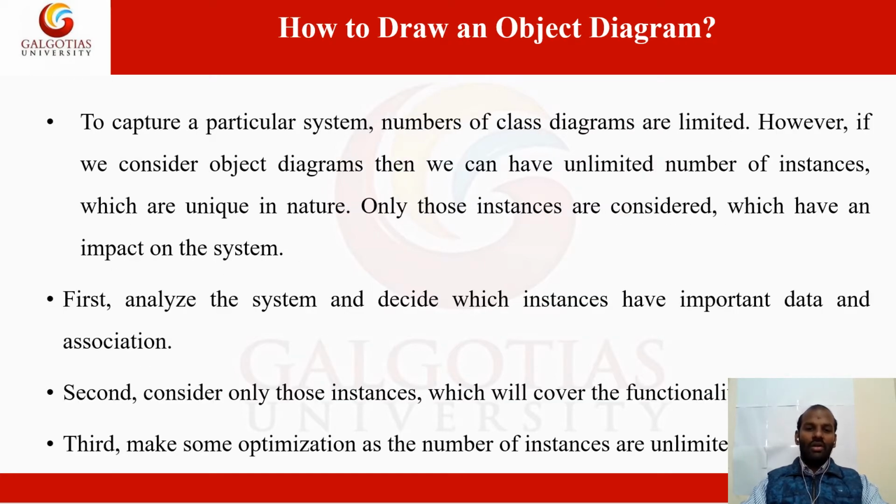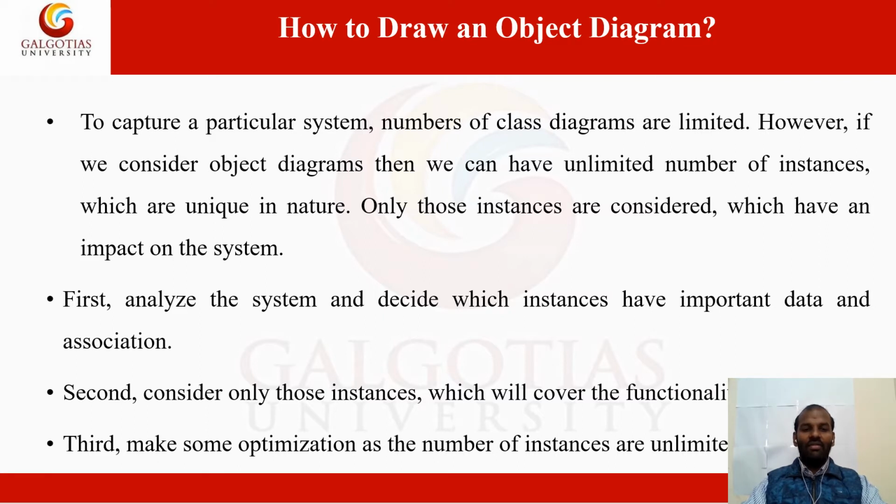And how to draw an object diagram. To capture a particular system, the number of class diagrams is always limited. However, if we consider an object diagram, then we can have an unlimited number of instances, which are unique in nature. Only those instances which have an impact on the particular system are considered.